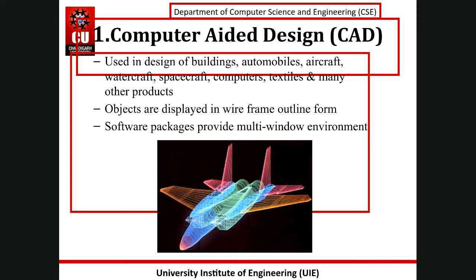And with the help of computer graphics, objects that are displayed on the computer screen are in the form of a wireframe model. What do you mean by wireframe model? Like this particular image, there will be an aeroplane, and we can see the internal parts of this aeroplane with the help of wireframe model. So this wireframe model is useful for drawing the images.